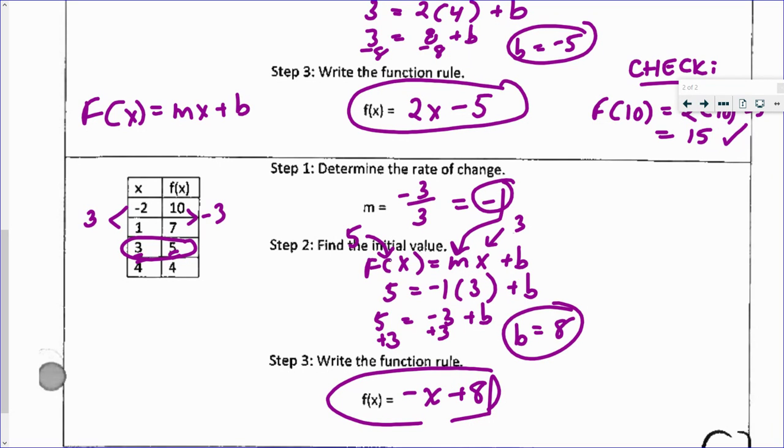So let's pick a random point to make sure that that's correct. Let's plug in -2 for x. If I plug in -2, -2 plus 8 is going to give me out 10. So I know that I did this correctly because plugging in -2 gave me 10.